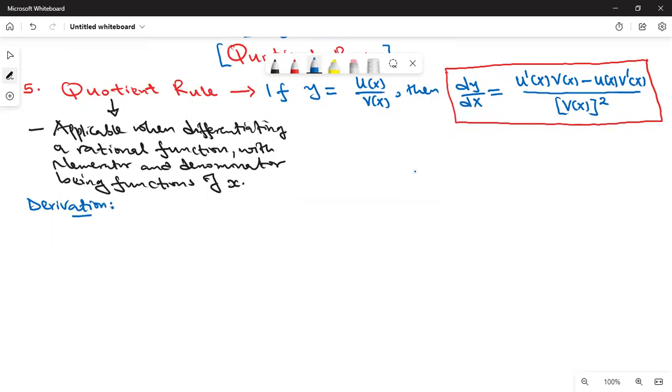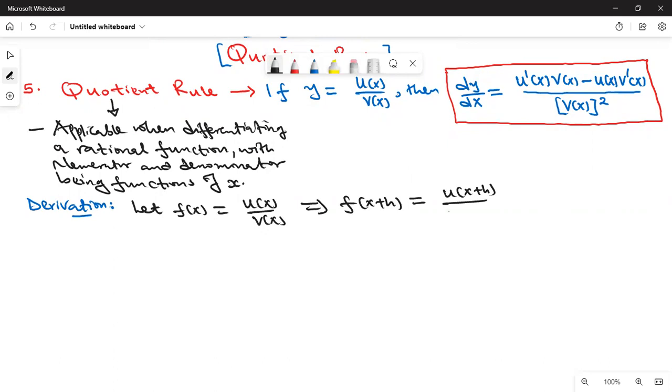So when deriving it, let f of x be equal to u of x over v of x. From here, it means that f of x plus h is the same as u of x plus h over v of x plus h. So I now need the difference of those two functions.